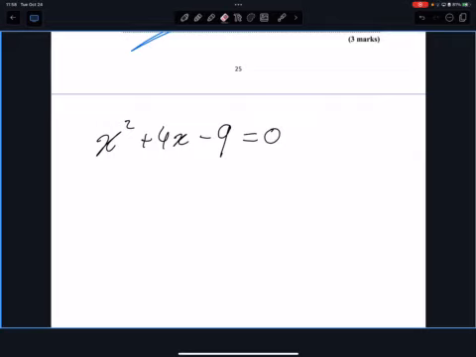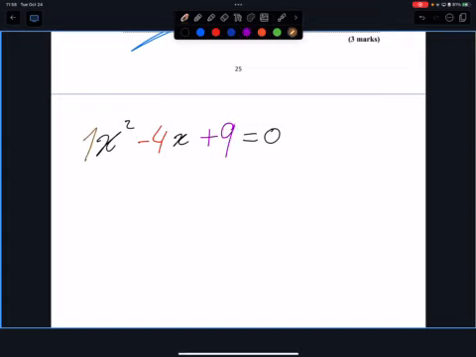Let me place a 1 here, which is not written.